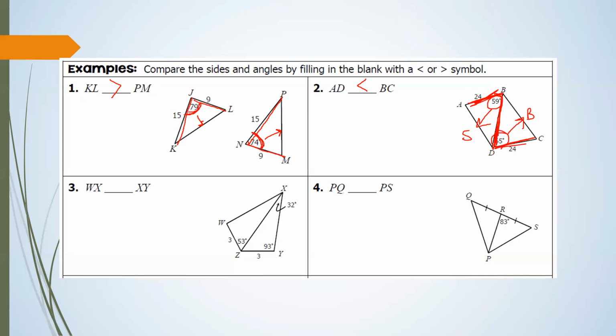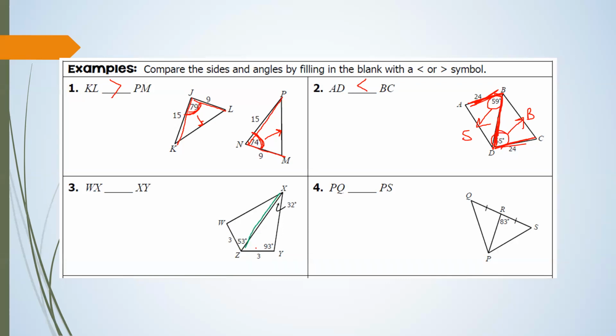Okay. Let's see, in number 3, I see a side 3 and a side 3, and they share this side here. But we don't know this angle. This is the angle we need. So let's use our triangle sum theorem to find any missing angles that we can.